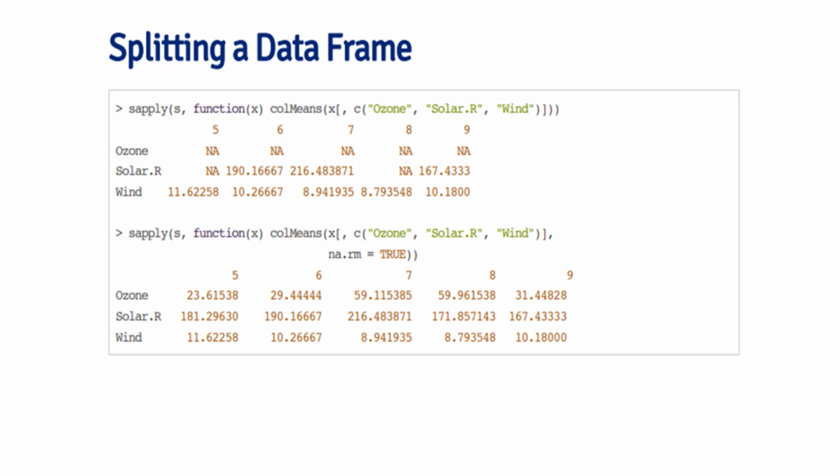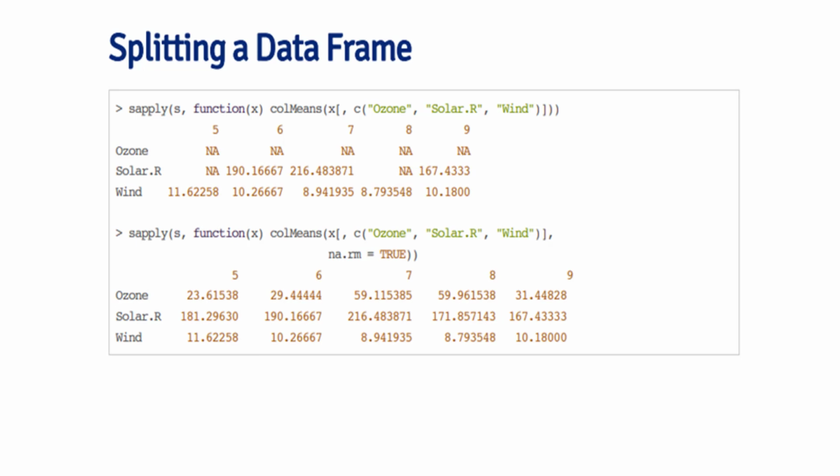The idea is that sapply, instead of returning a list, will simplify the result because each element of the returned list is a vector of length 3, all the same length. So it puts all these numbers into a matrix with 3 rows and, in this case, 5 columns. Here you can see the monthly means for each of the 3 variables in a much more compact format. It's a matrix instead of a list.